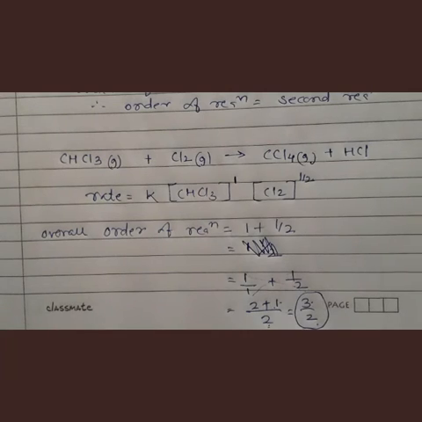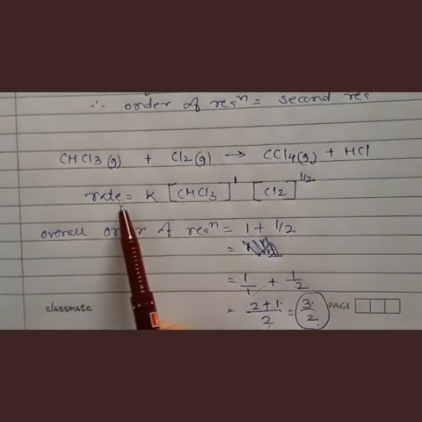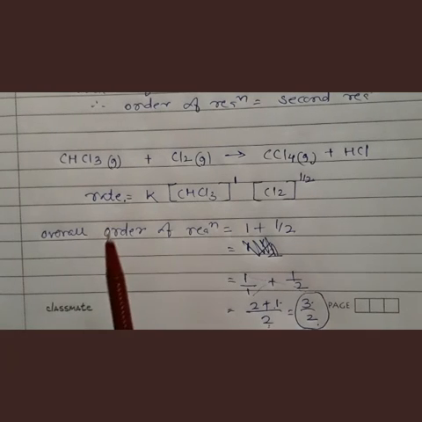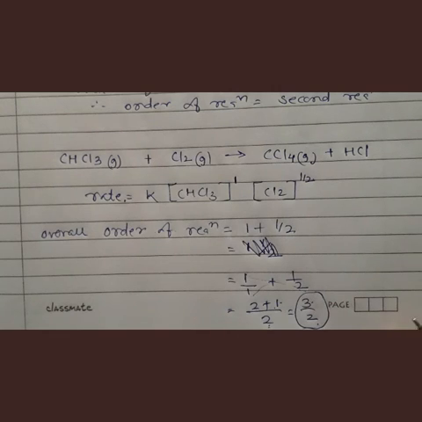See, numericals in this lesson, chemical kinetics, are very easy. Simple numericals are there. They will ask you to write the rate law. They will ask you to find the overall order of reaction. So only addition and subtraction you have to do. Understood? So this is the overall order of reaction.